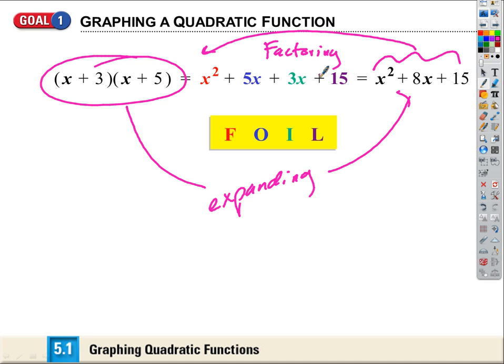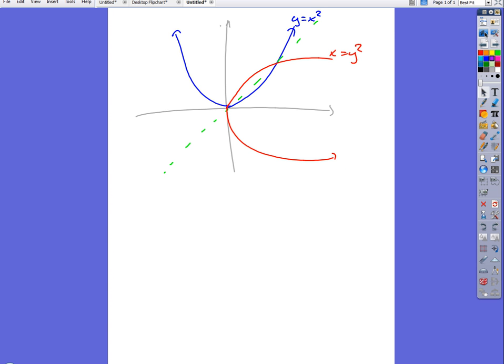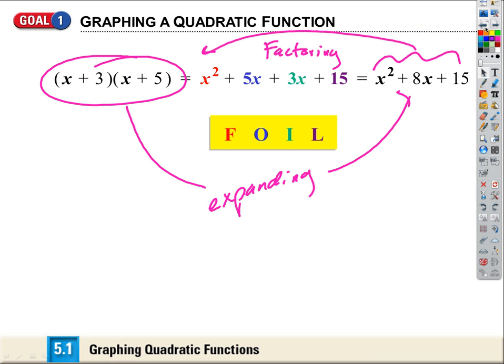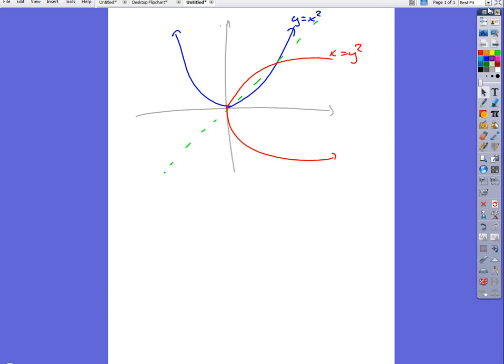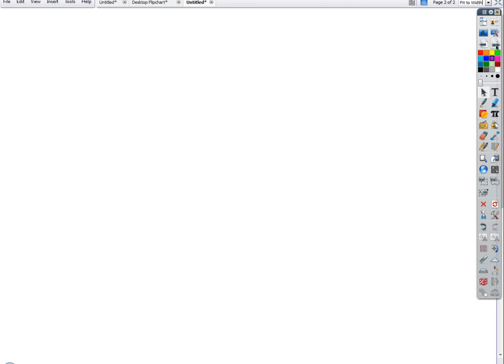How would you go from here to standard form or general form?